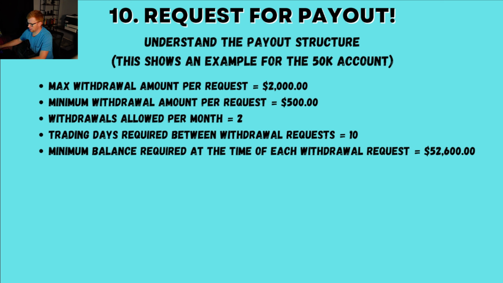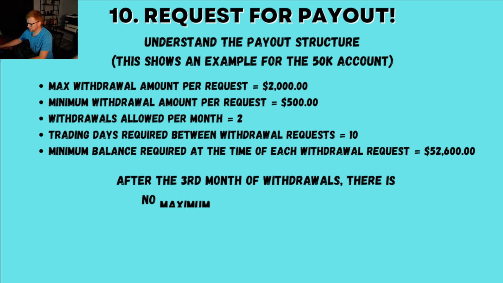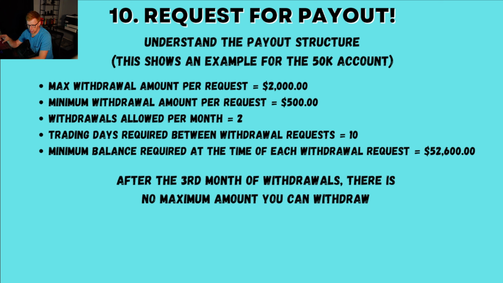Okay, moving on, a couple more things. These rules apply for 3 months. So they basically want you to be consistent for 3 months, and they have this payout structure in place for 3 months. On your 4th month, you can withdraw as much as you want.